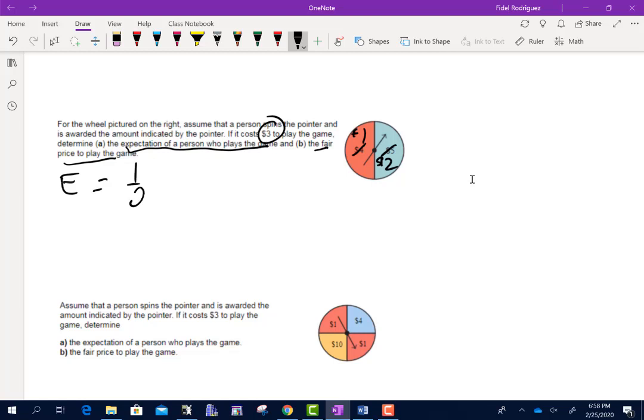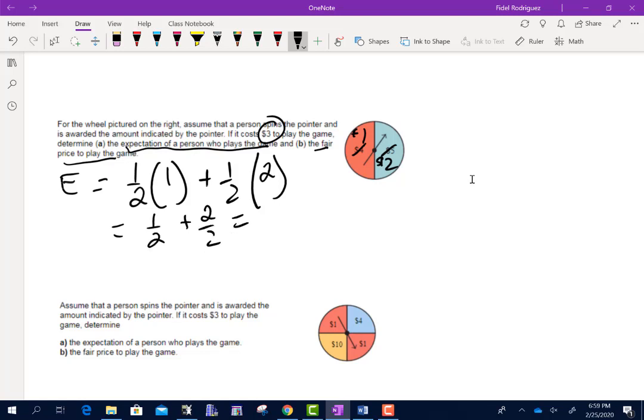We have half a chance to win $1, and half a chance to win $2. That's going to give me 1/2 plus 2/2, which is 3/2, $1.50.